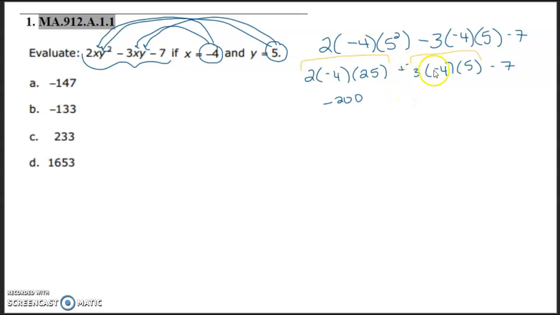So we have -3 times -4, which is 12, and then 12 times 5 is 60. So plus 60 minus 7. Now we have -200 plus 60, which is -140, and then -140 minus 7 more is -147. So your answer here would be A.